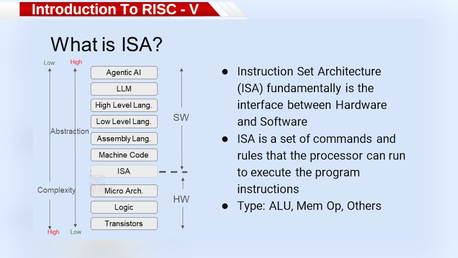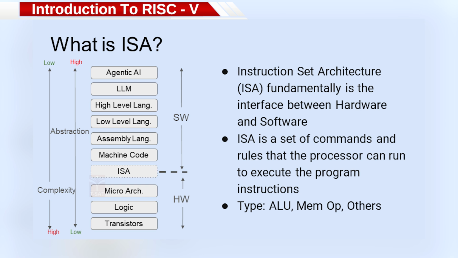At the very bottom in the chips, you have transistors, and those transistors are put together for logic gates, AND gates, OR gates, and using those you get a microarchitecture. This is arithmetic logic units, arithmetic logic units. Then after that, there is that boundary.